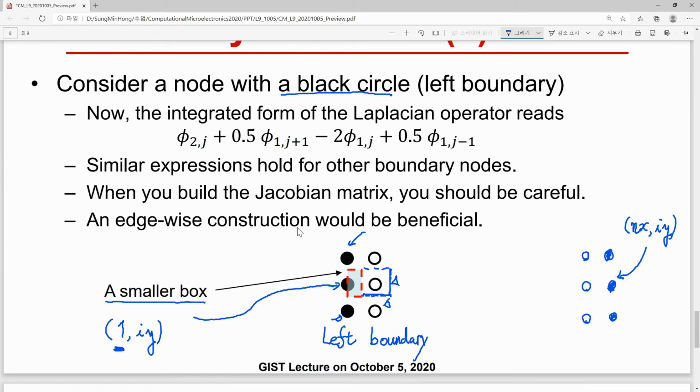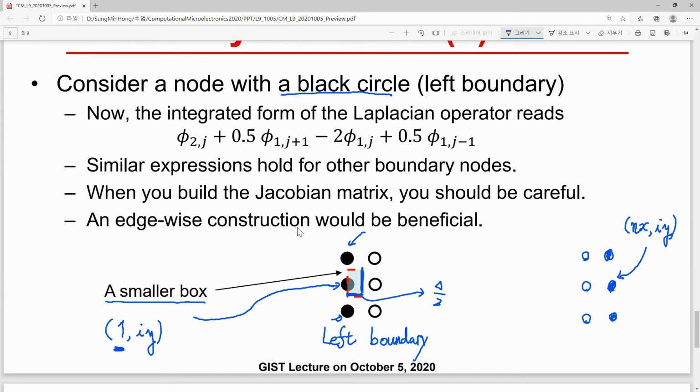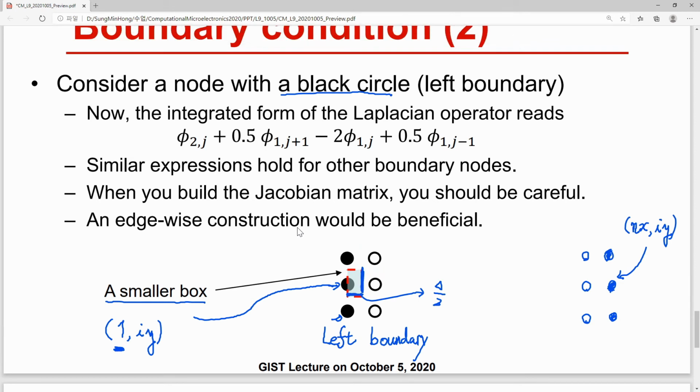But for your boundary nodes written in these lead boxes, now its x directional length is just half of delta, while y direction length is just delta, just as usual. So for this smaller box, how can we consider the integrated version of our Laplacian operator?